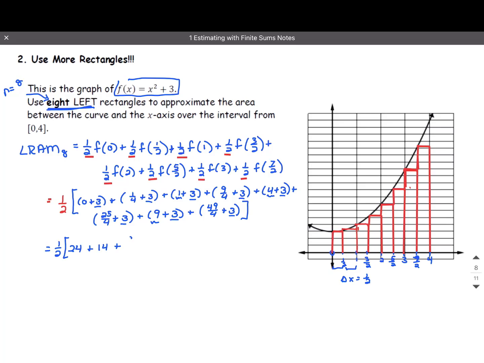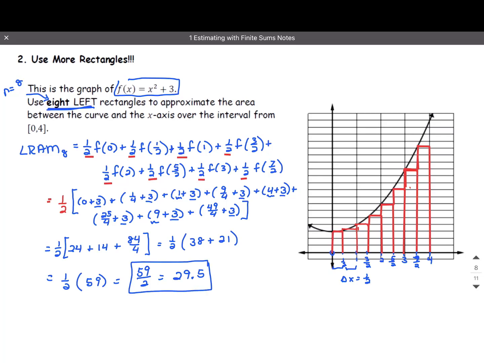We're going to have 84 fourths again. So now we have 1/2 times 38 plus 84 fourths, which was 21. So that's 1/2 times 59, which is 59 halves, or 29.5. But you can see that that has gotten closer to the answer that we want. It was bigger than the 26, but it's still smaller than the MRAM.